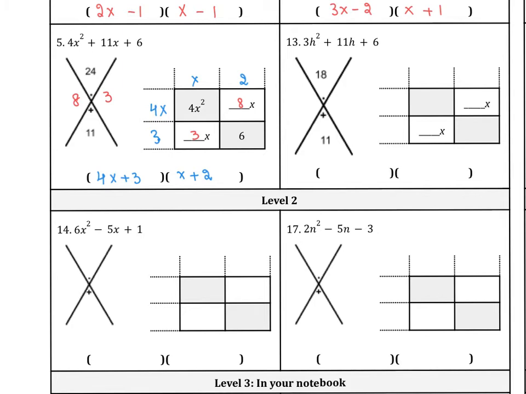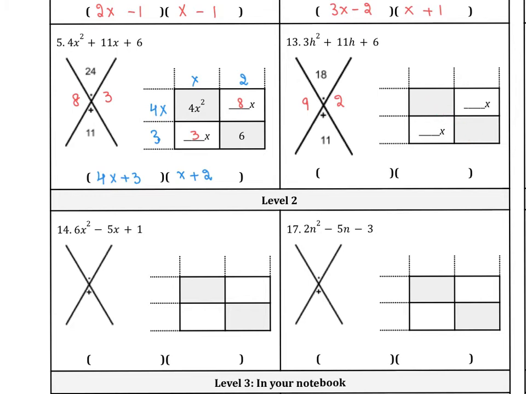Next is 3 times 6, 18 goes here. The center number goes here. The two numbers you're looking for are 9 and 2. So 9 times 2 is 18, and 9 plus 2 is 11.